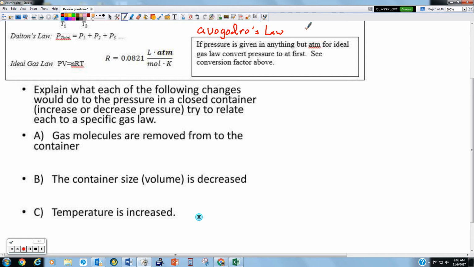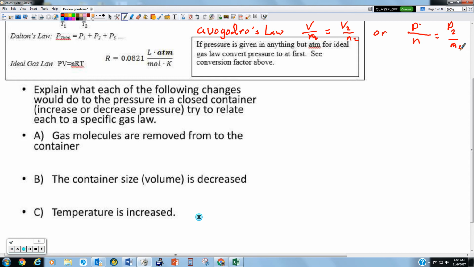And Avogadro's law is basically you can go volume over moles equals the new volume over the new moles, or it can be pressure over moles equals new pressure over moles.